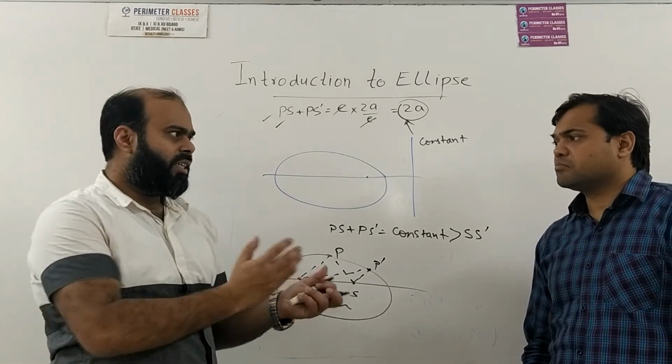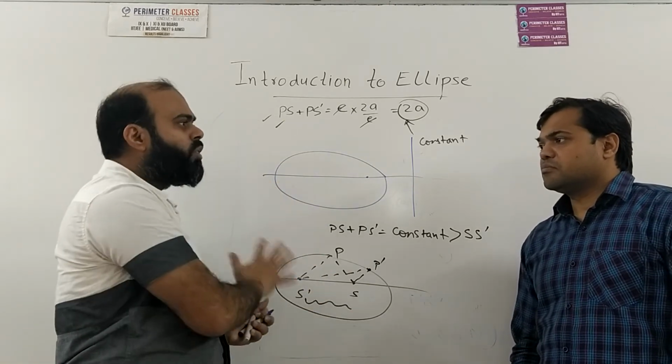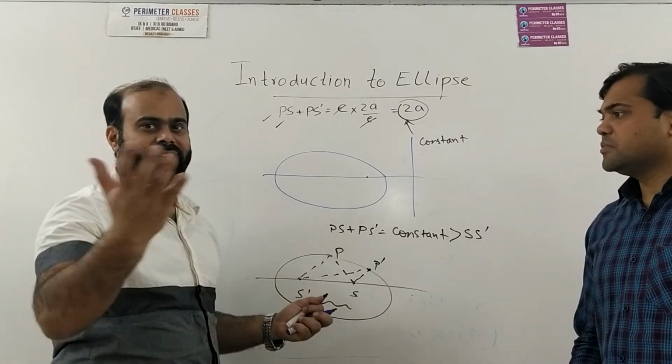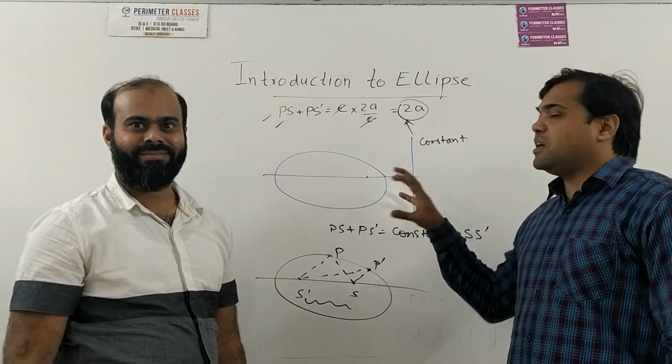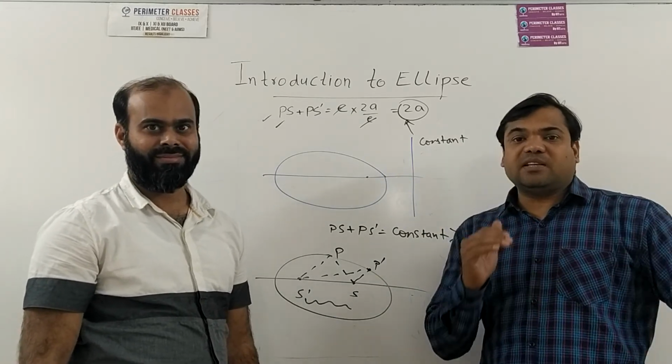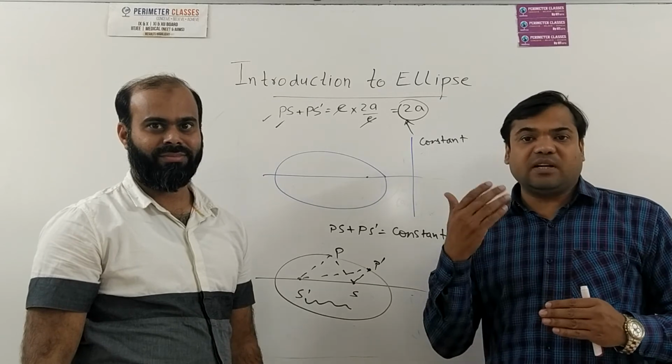So I think we can conclude this result. Students, what we have learned here is how to derive the equation of an ellipse, and there are two different methods by which you can derive the equation.